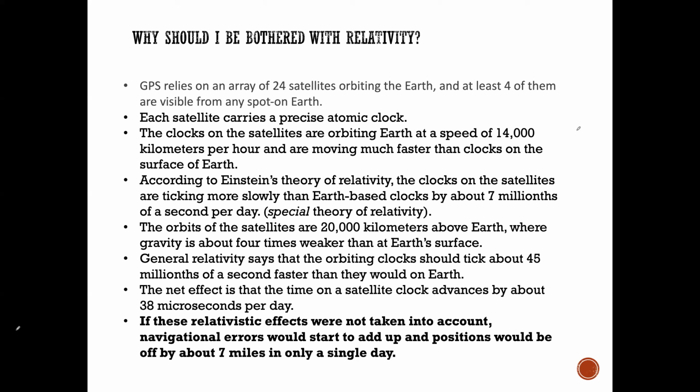But what actually happens is, when you consider GPS satellites, they rely on 24 satellites that orbit around the Earth, and at least 4 of them are visible from any spot on the Earth. Each of these satellites carries a precise atomic clock, and they orbit at a speed of 4,000 kilometers per hour.